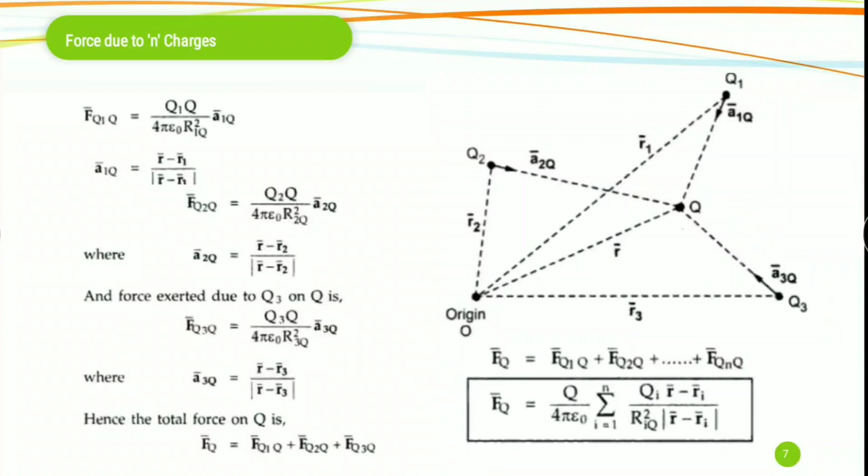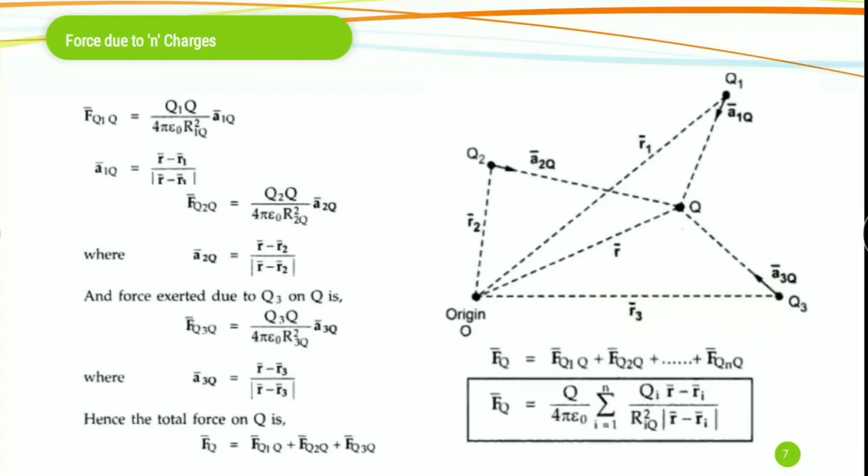Now the line R1 is the distance between the origin and Q1, and the distance between the origin and Q2 is R2 bar. The distance between the origin and Q is R bar. And the distance between Q3 and the origin is R3 bar.